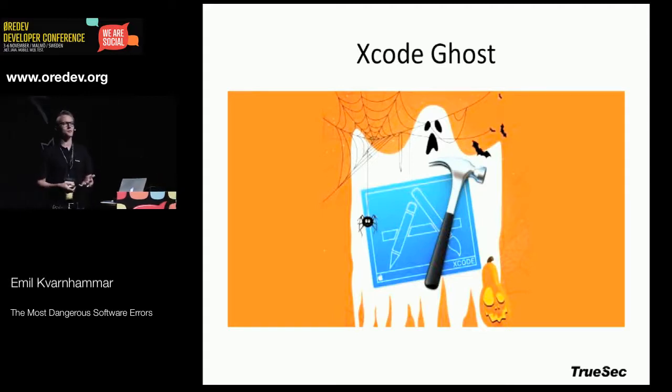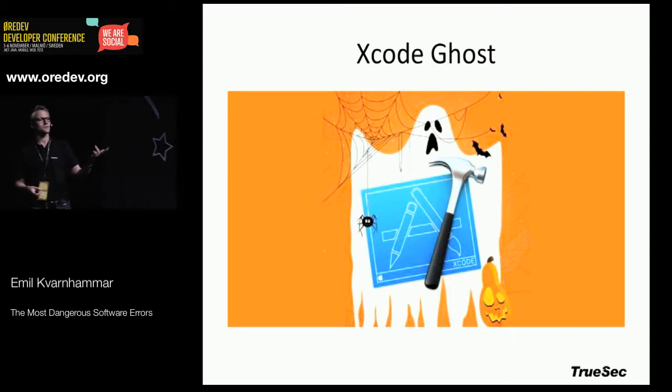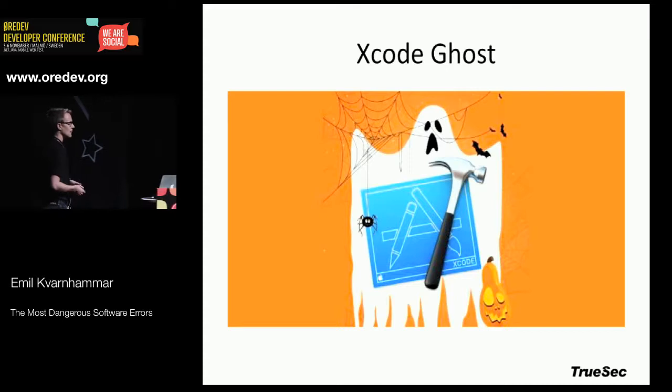Another example is the Xcode Ghost. How many of you heard about the Xcode Ghost? Not that many. So this all started in China with application developers for iOS. They were experiencing slow download times from the Apple service when they wanted to download Xcode, which is several gigabytes.